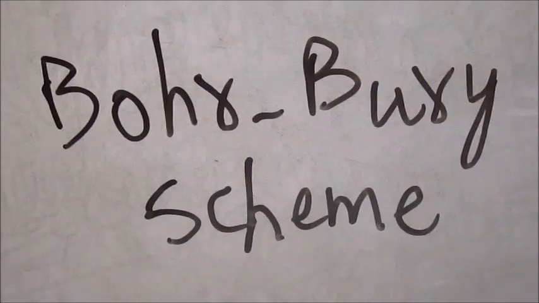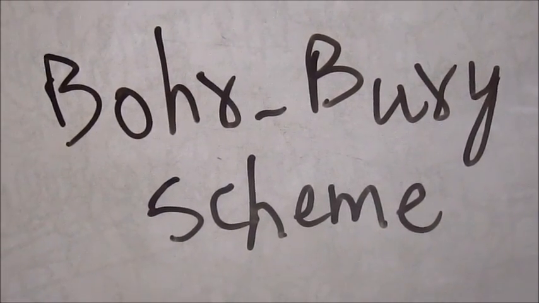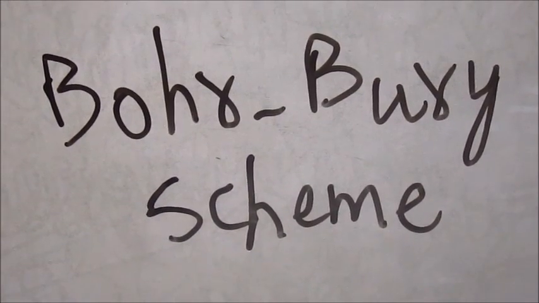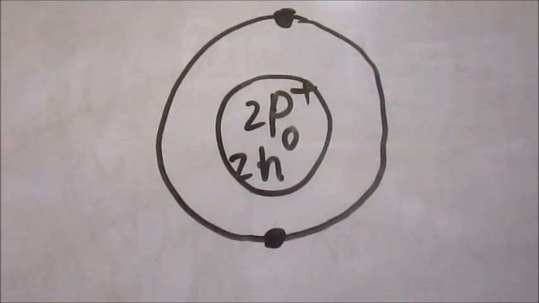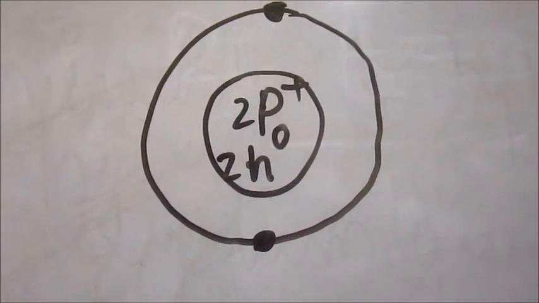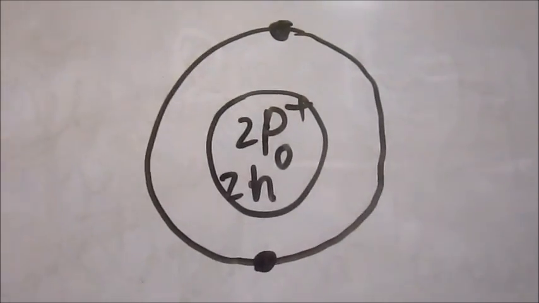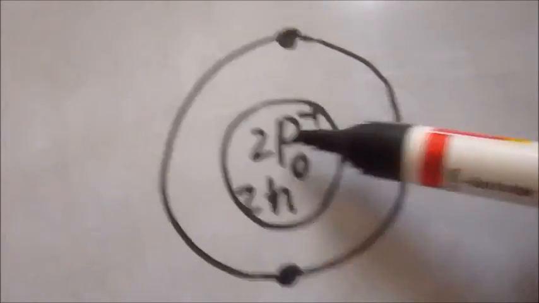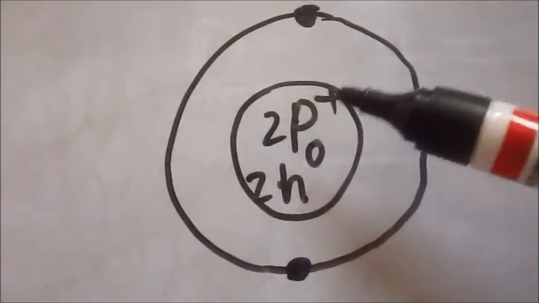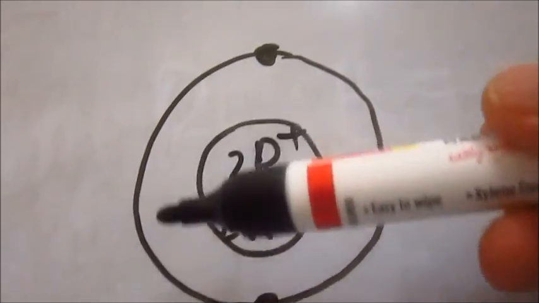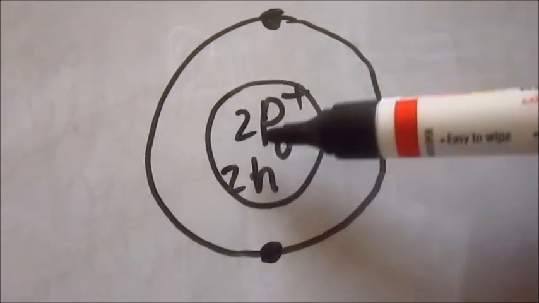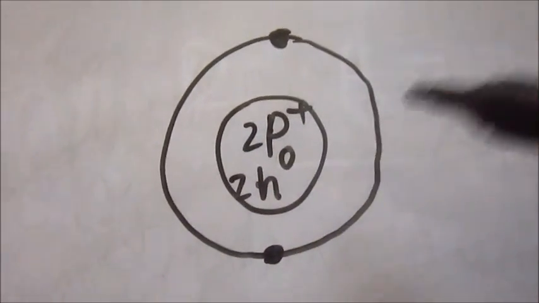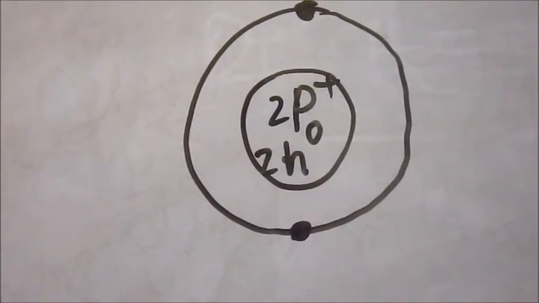Next up, let's talk about the Bohr-Bury scheme of electronic configuration. The modern theories of atomic structure are as follows. The protons and neutrons, collectively called the nucleons, are present in the nucleus at the center of the atom, and the electrons revolve around the nucleus in different orbits, shells or energy levels.